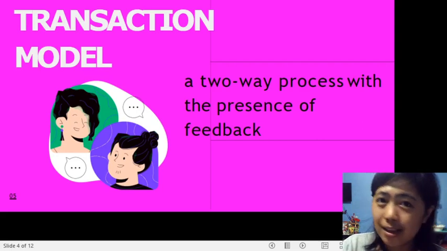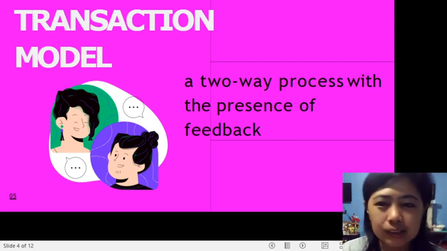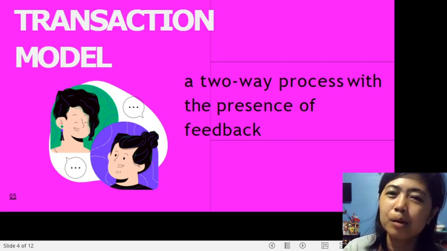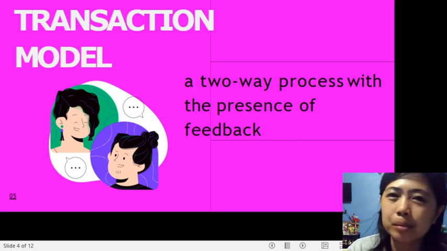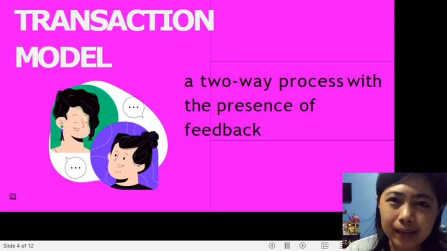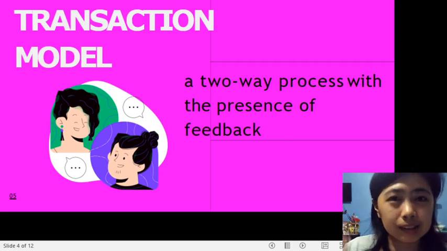Unlike the Shannon-Weaver model, which is only a one-way process, the transaction model is a two-way process with the presence now of feedback. As mentioned in the elements of communication, it is very essential to have proper feedback so that the sender of the message, or the source, would be able to know if the message was received correctly, right?